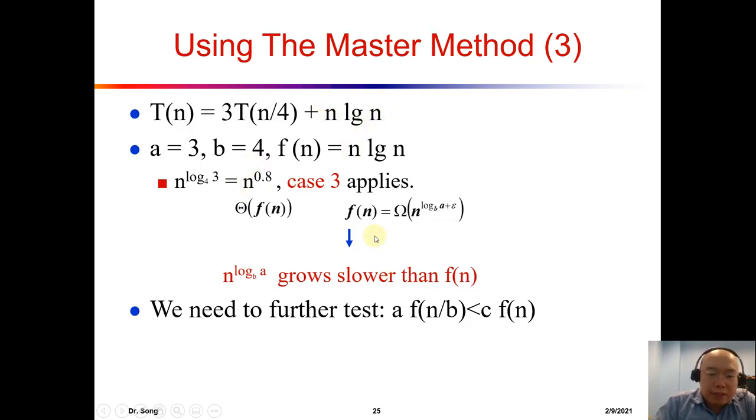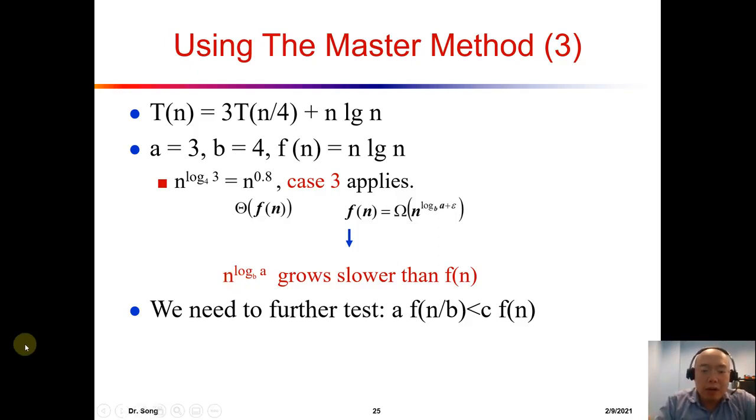For this case, it's obvious because n^0.8 grows slower than linear, and n log n grows faster than linear. So it's kind of obvious that f(n) grows faster than n to the log_b a, or n to the log_b a grows slower than f(n). Okay?